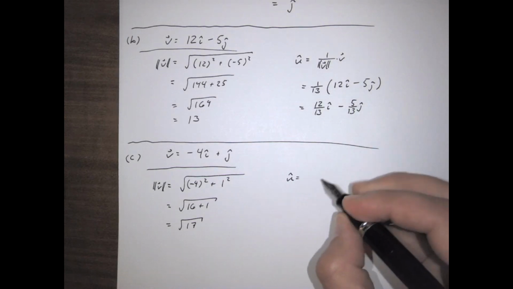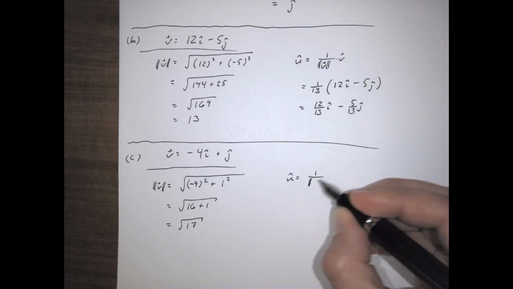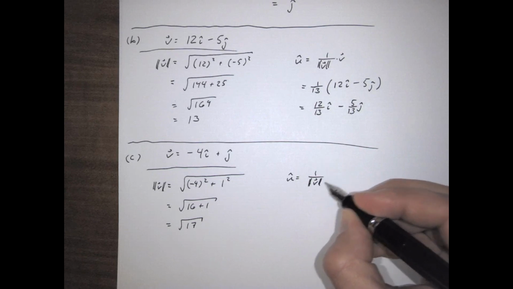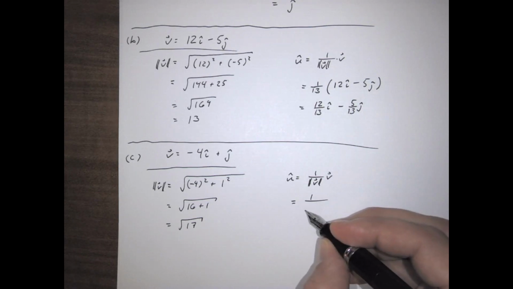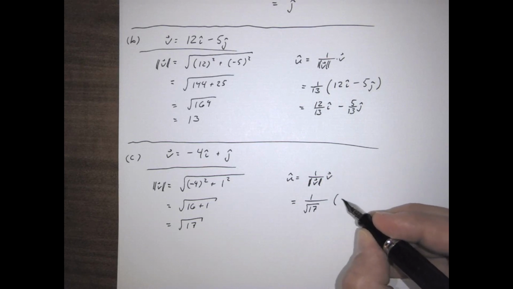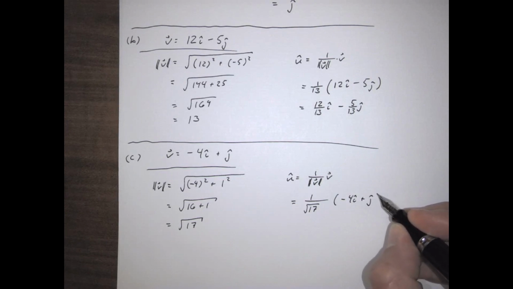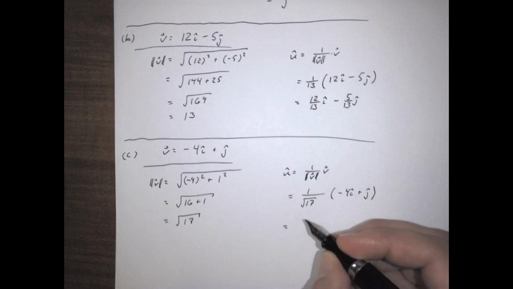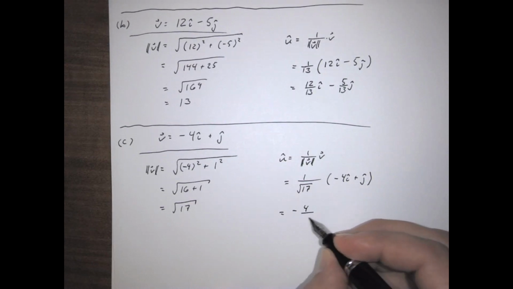And then u is going to be 1 over the magnitude of v times v, which is going to be 1 over root 17 times -4i plus j. And we know what this is going to end up being: something that we're going to have to rationalize.